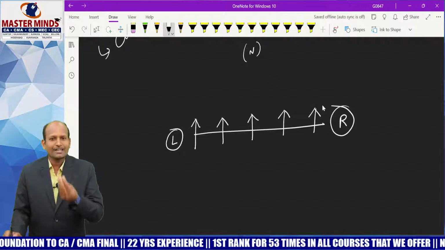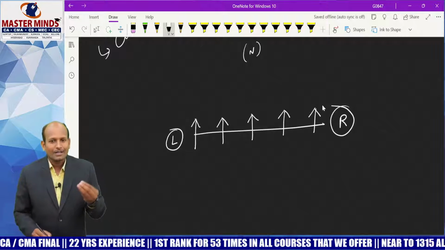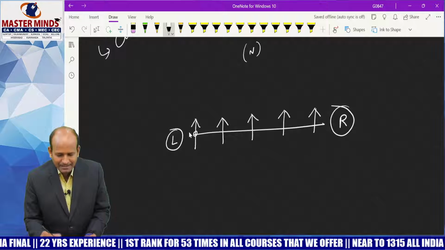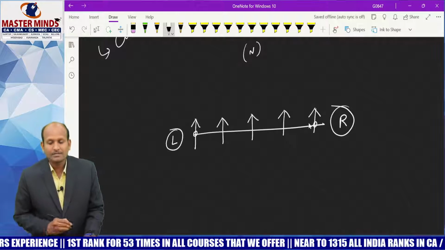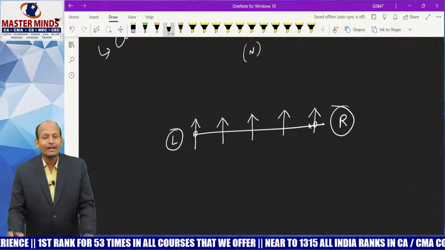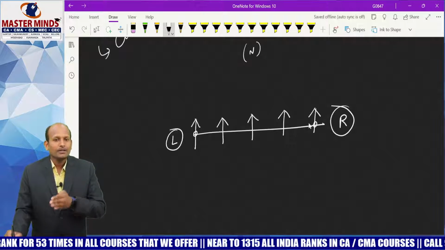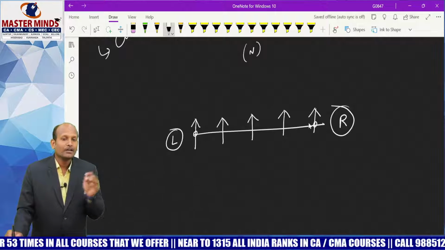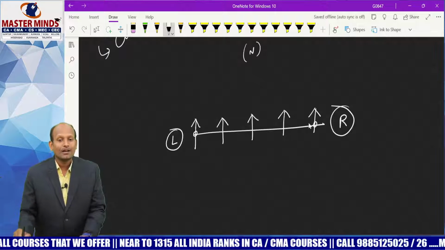If you are facing north, that is your left side and that is your right side. If you want to go left, you go towards the front side. If you want to go right, you go towards the last.